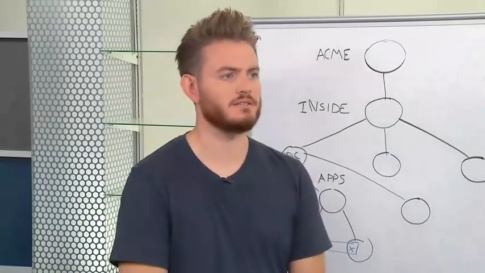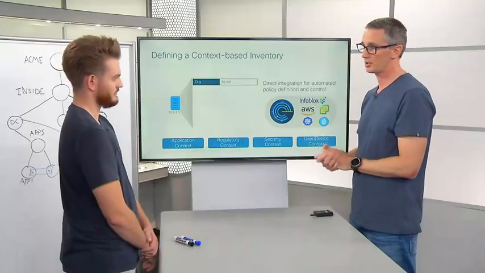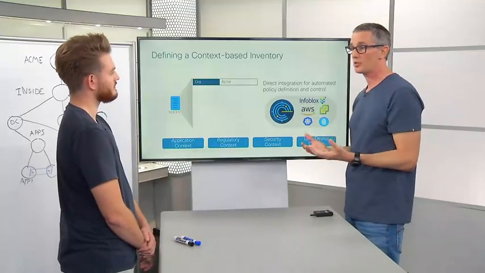Yeah. Tags, labels, attributes. It's basically a way of applying some sort of context to a given entity. Okay. In Tetration, we use the term annotations. That's what we'll be focusing on, but it's fairly generic in terms of the other terms that apply as well.